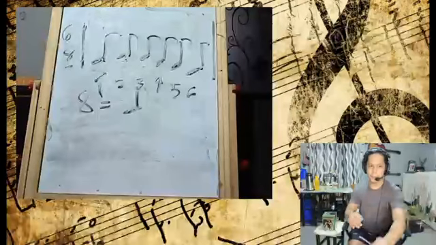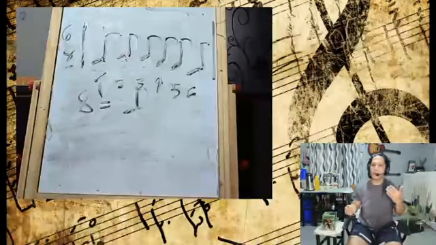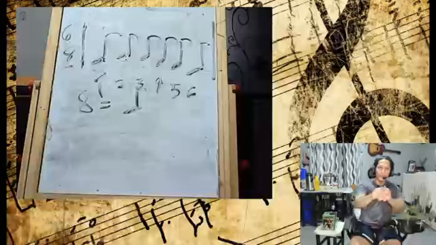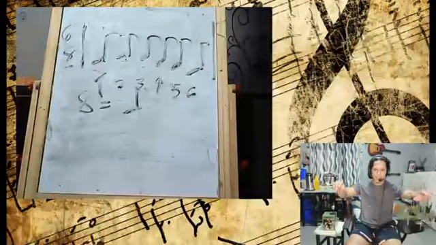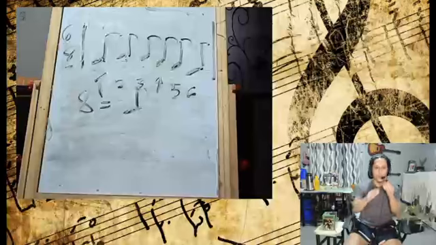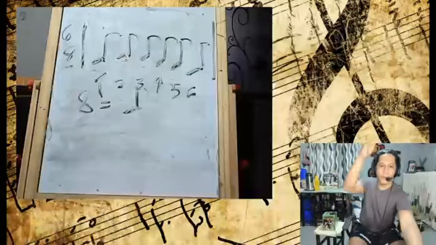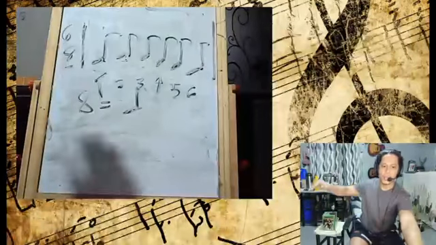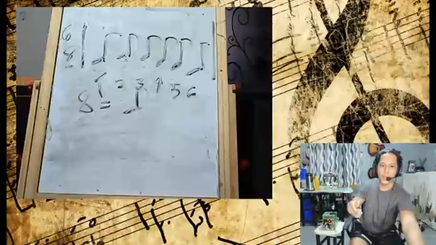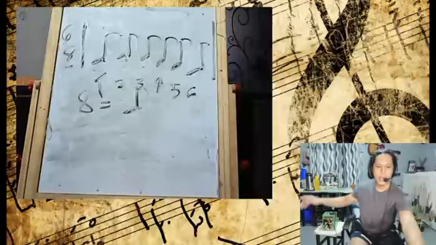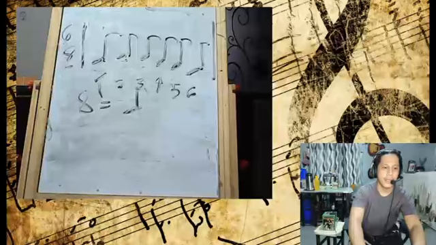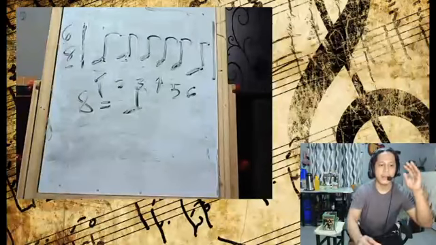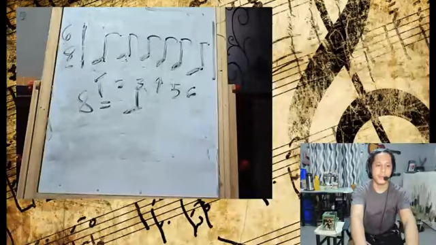So let's try 1, 2, that is the heavy part. 4, 1, I hope you are doing it with me. 1, 2, 3, 4. 1, 2, 3, 4. Alright? Let's lower our volume.